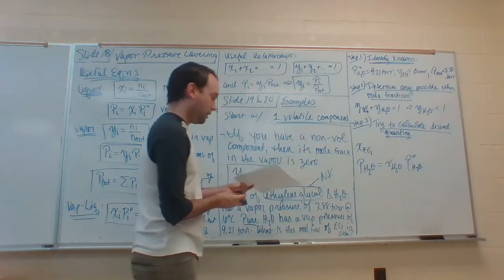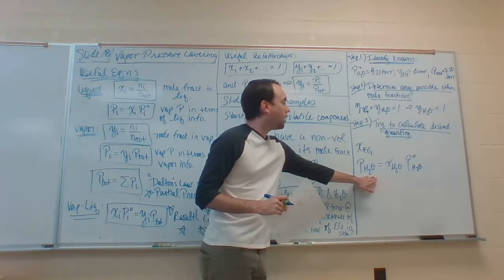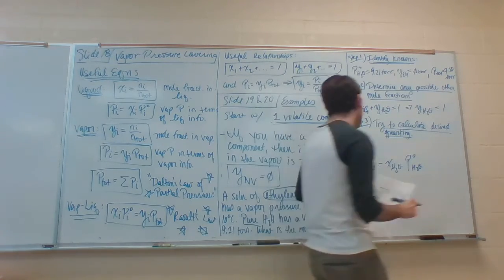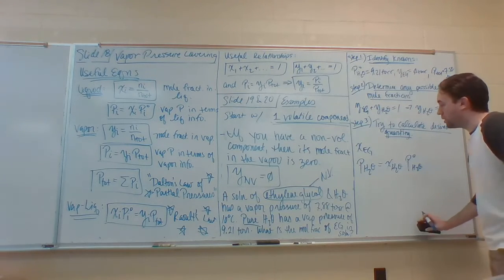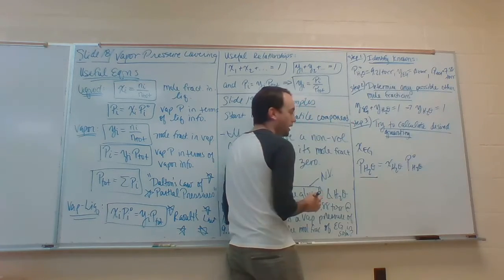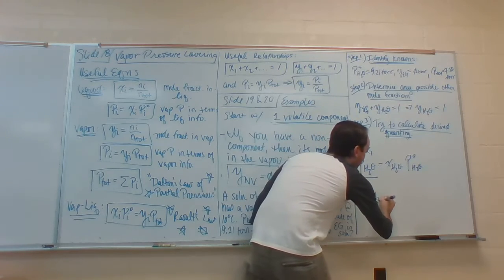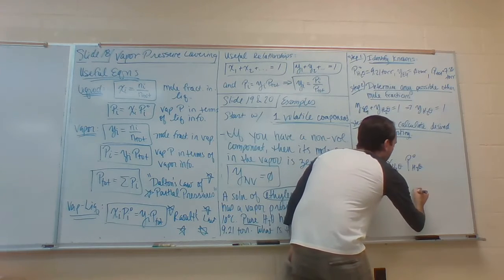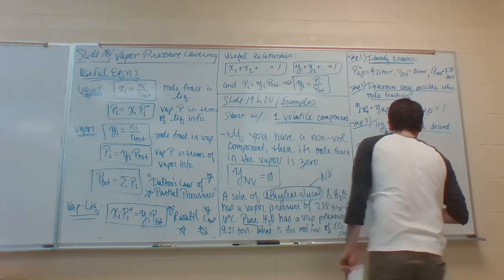Now, we know in the vapor that all of the vapor came from water. Another way that you can think about this, we could use Raoult's law. We could say that we have Y of H2O times P total is equal to X H2O times P H2O 0.